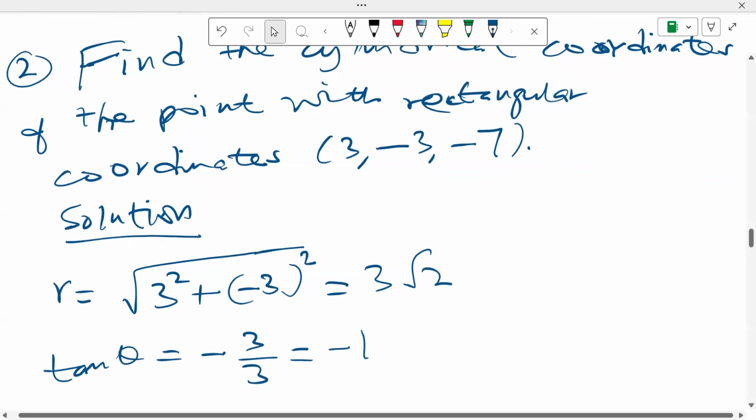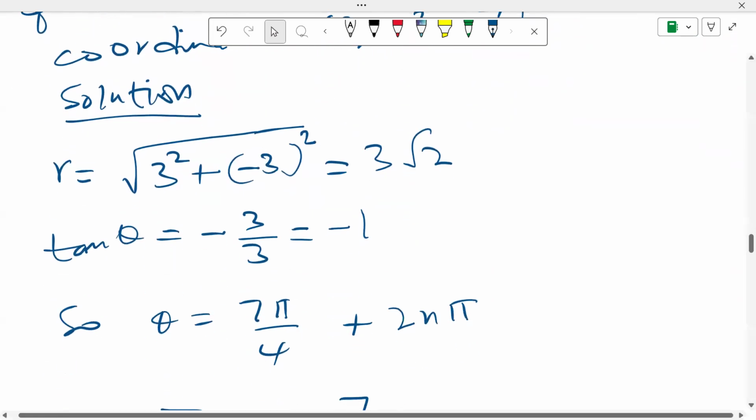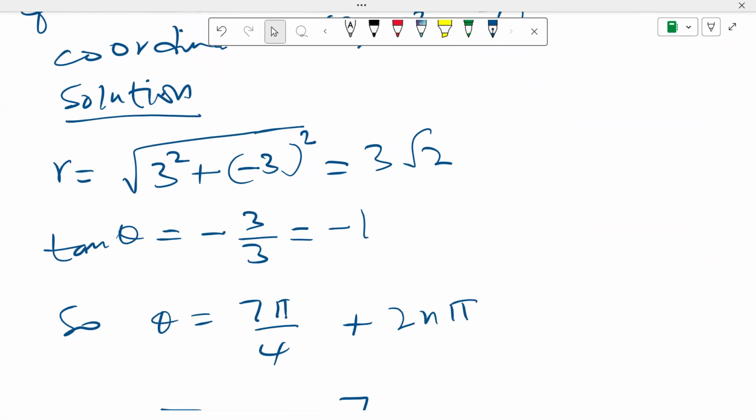To compute our r, we get 3 squared plus negative 3 squared, and when we compute that, we shall get 3 root 2. Our tan theta is negative 3 on 3, and that is negative 1. And so here our theta will be 7 pi on 4, and that's multiples of that.